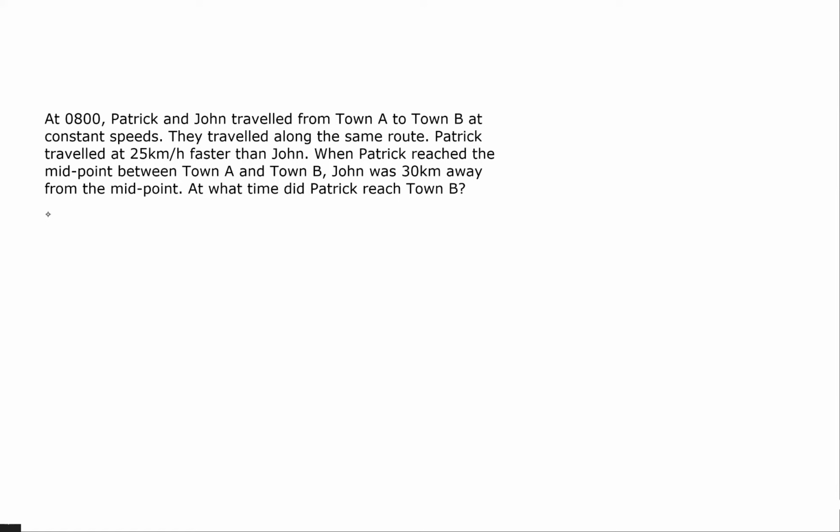Now, to better illustrate this question, I'm going to draw a little diagram here. It's always good to have something to label all of the information that has been given. So let that be town A and this will be town B. And for Patrick and John, this will be Patrick going in this direction, and John also going from A in the same direction at the same time, but they are traveling at different speeds.